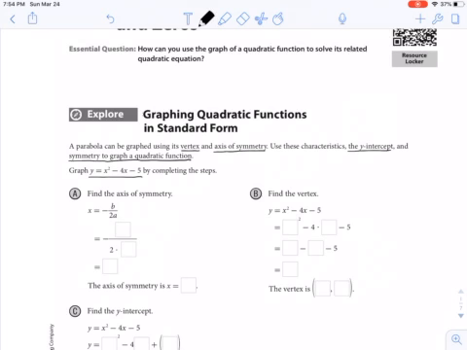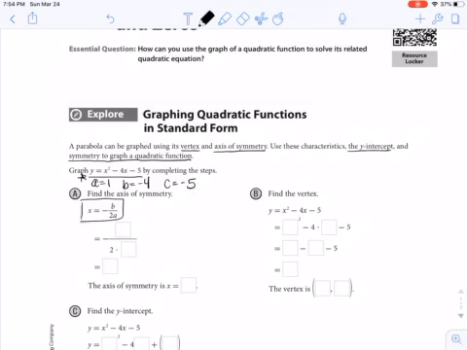So for part A, for finding the axis of symmetry, we know that we're going to use x equals negative b over 2a. And so if we look at our original quadratic function here, we know that a is going to be 1, b is going to be negative 4, and c is going to be negative 5.